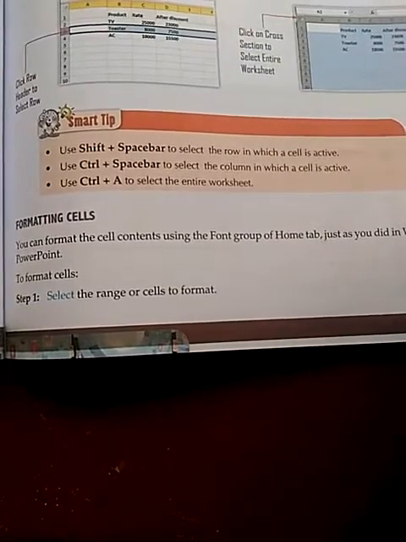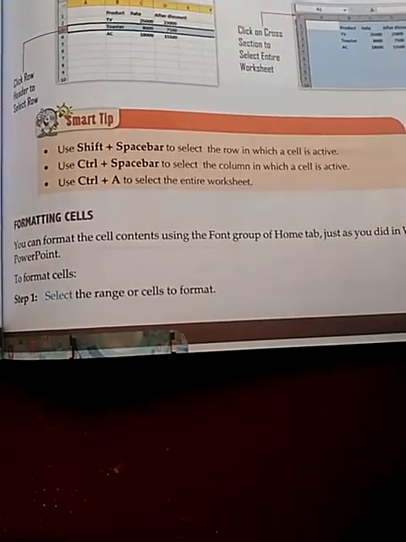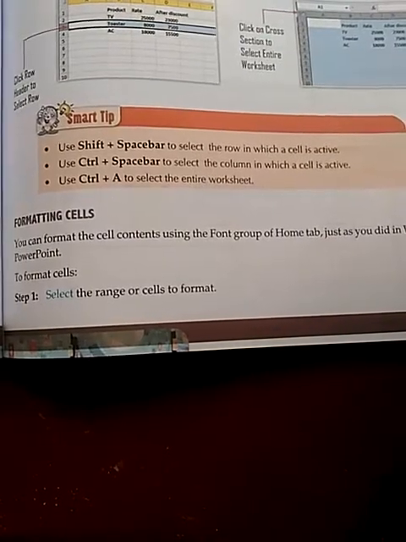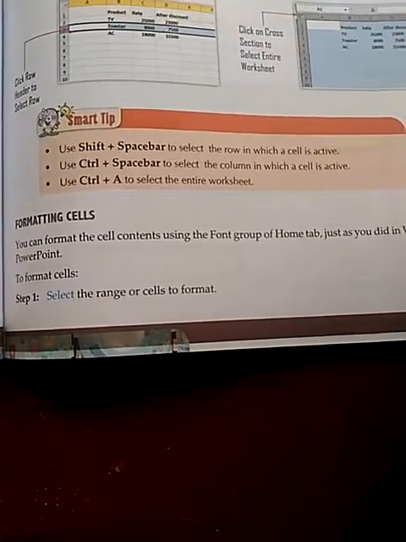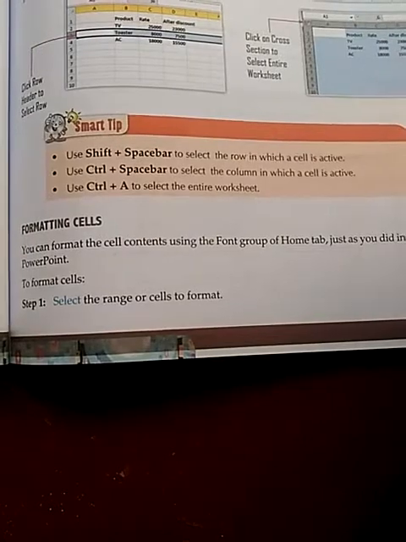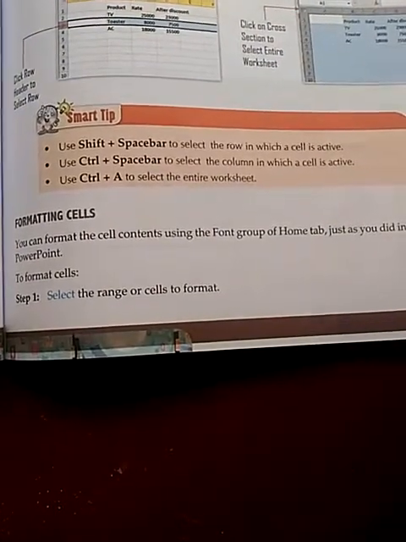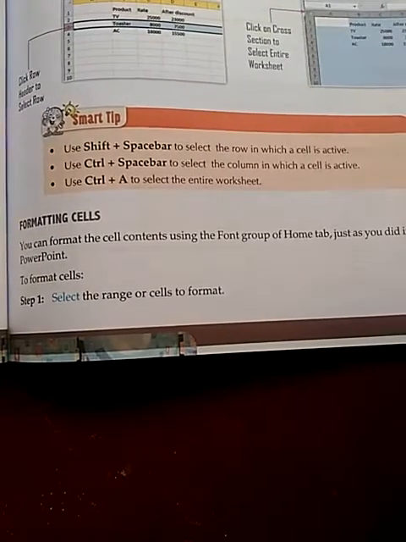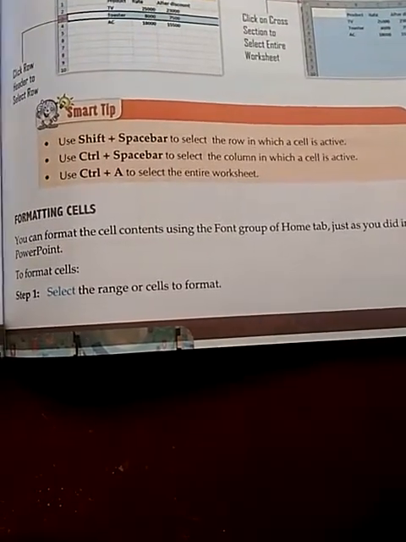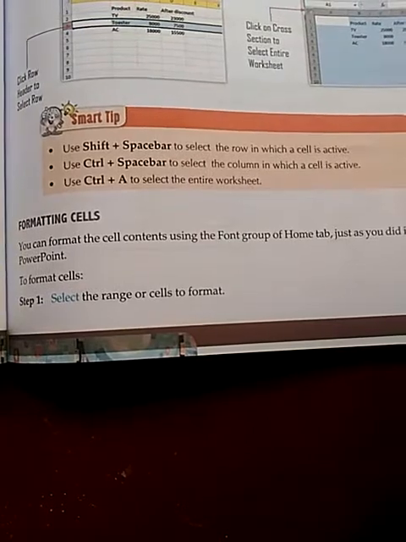If you want to format a spreadsheet, then first you select the cell or the cell range which you want to format. You can select the cell by clicking on it, or you can select a cell range by dragging the mouse over the cells.